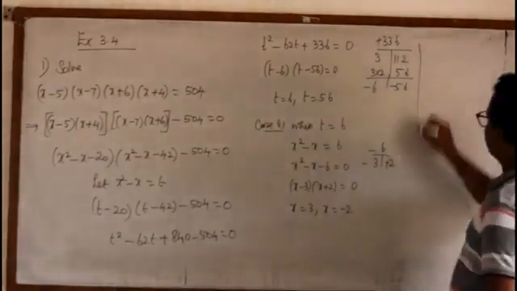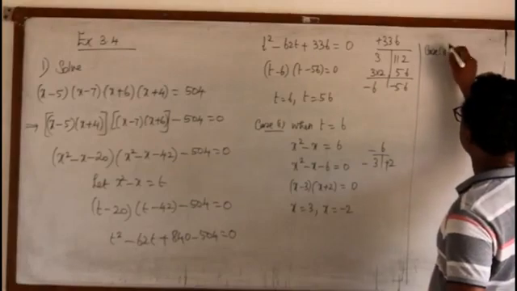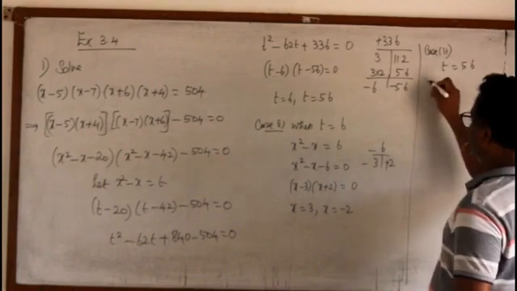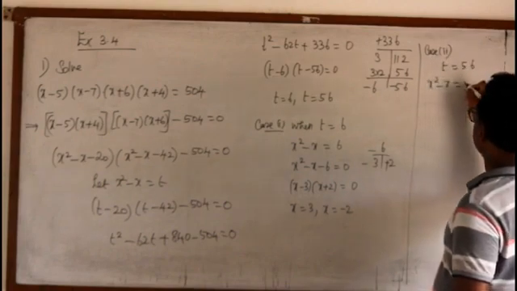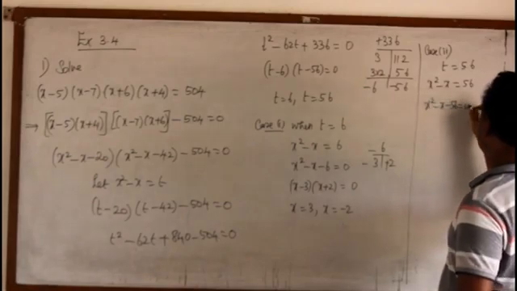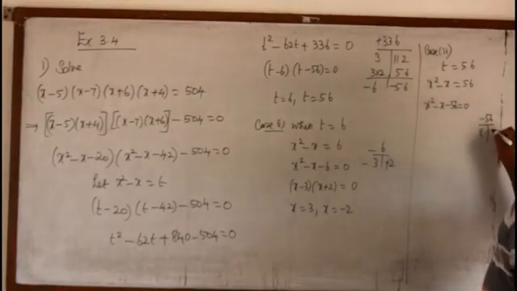Now we shall go for the next one, case 2. t equal to 56, that is x square minus x equal to 56, x square minus x minus 56 equal to 0. Minus 56 can be factorized as 8 and 7.